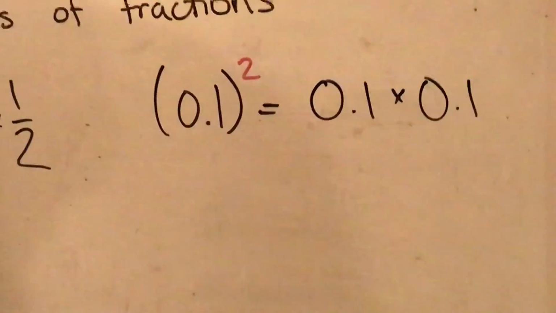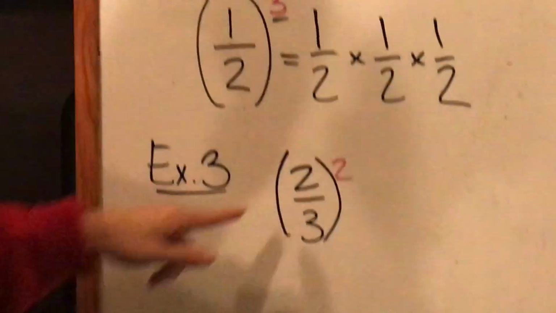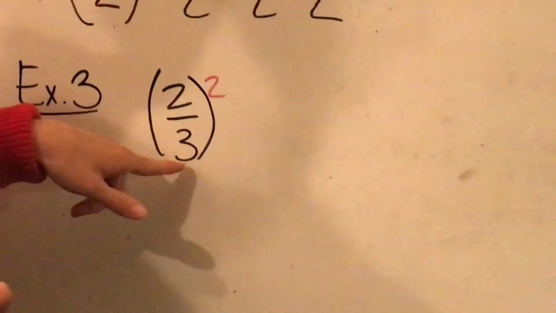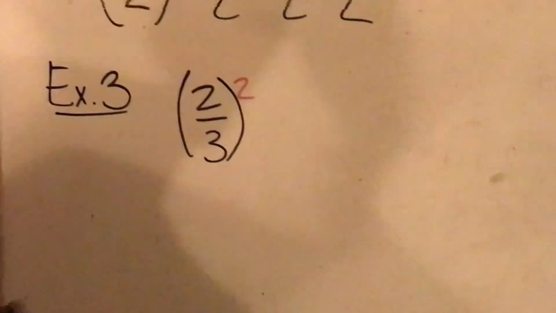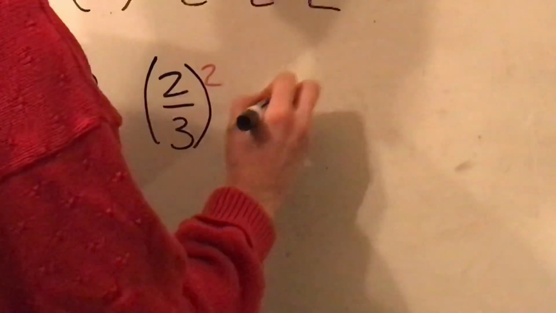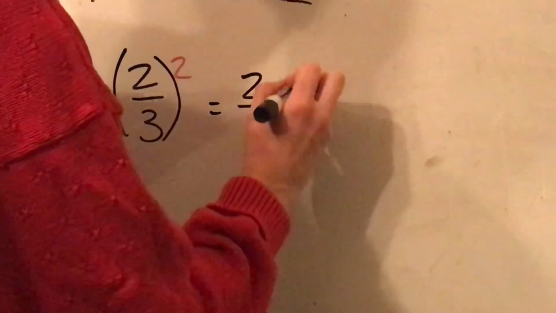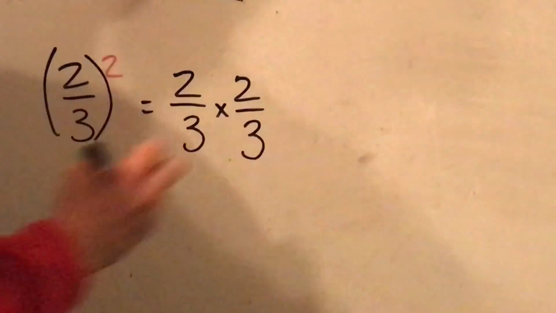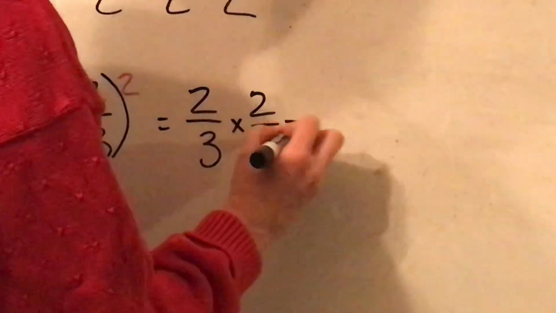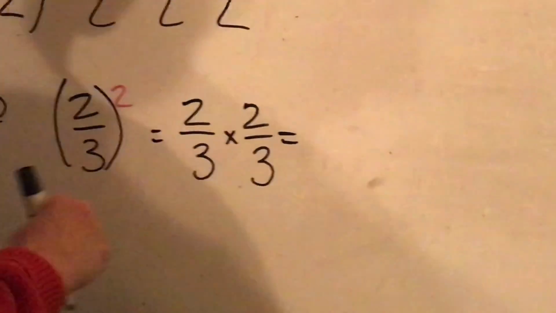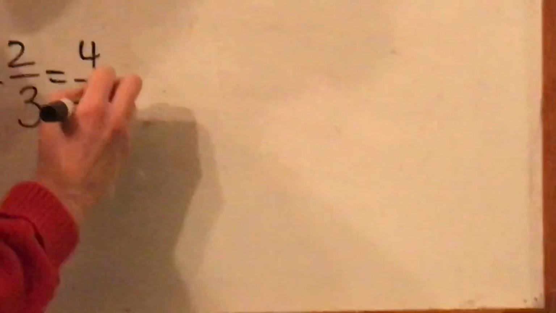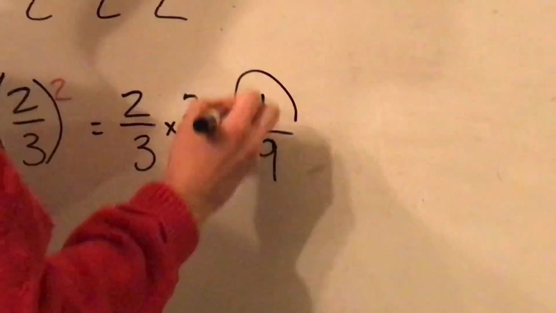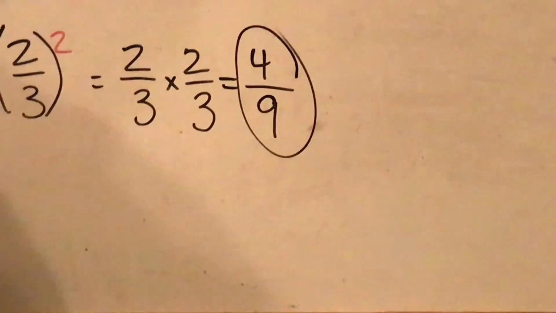Example 3 gives us 2/3 wrapped in parentheses, squared. So this would be 2/3 times 2/3. Remember, in a fraction, we multiply both numerators and we multiply both denominators, so that's our answer.